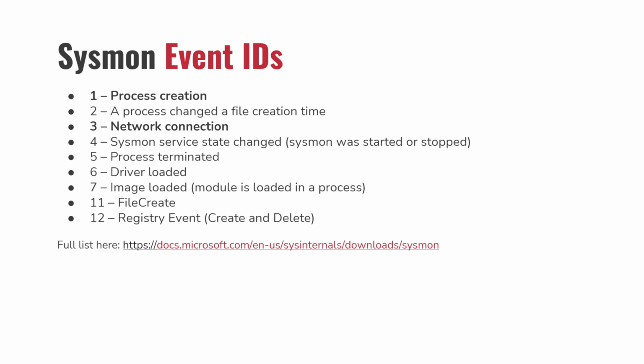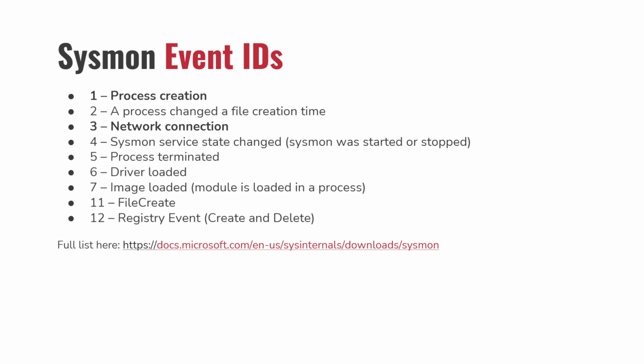Similarly, event ID 2 is for file creation time changes, which will help you detect time stomping done by the malware file. Then event ID 3 is for network connections. Event ID 6 and 7 are for image or driver loading.